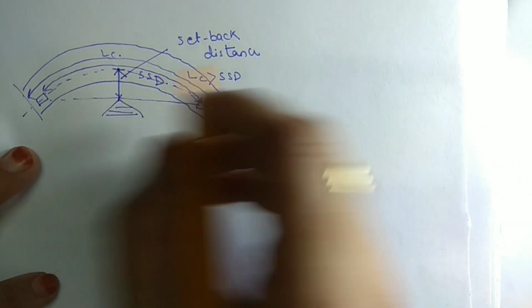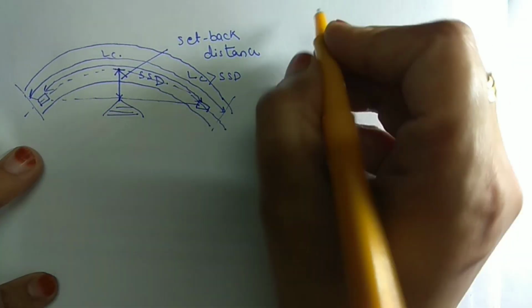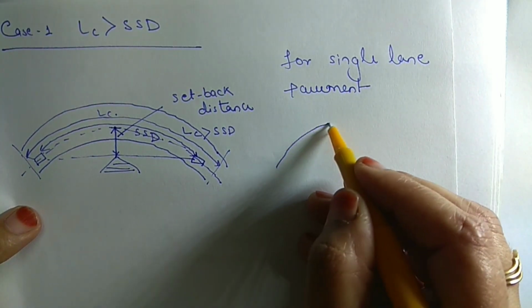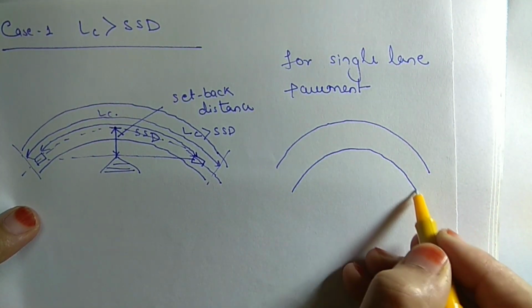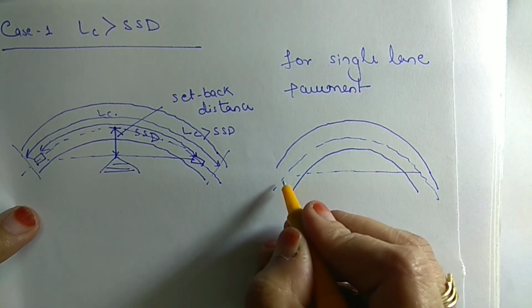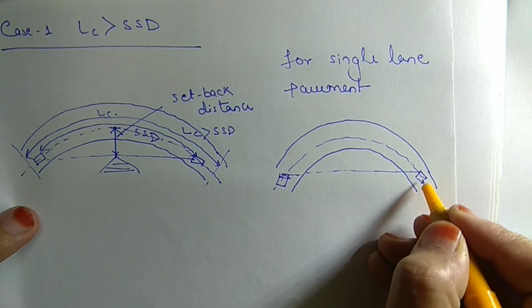Now, if we see the geometry of this single lane pavement, suppose this is the curve and this is the center line and these are the vehicles.